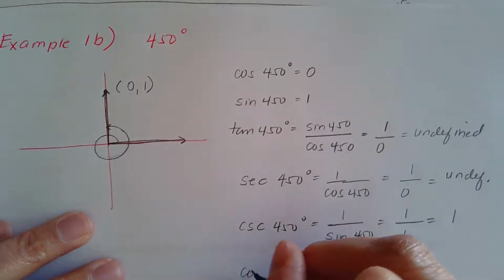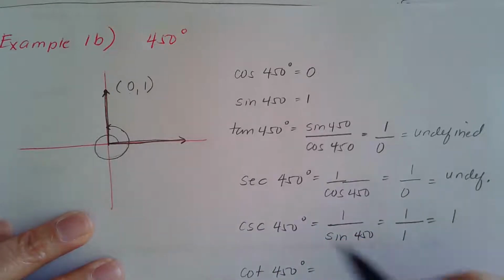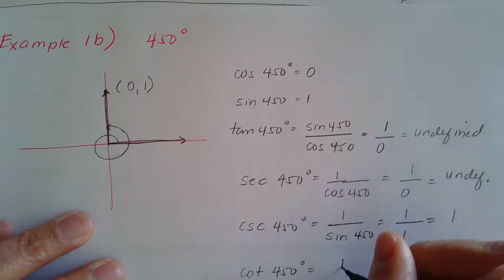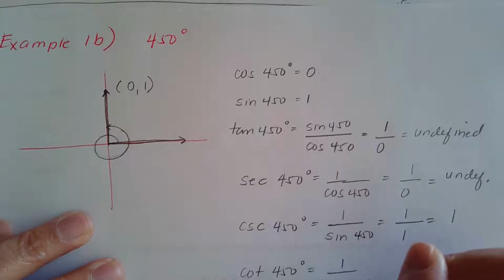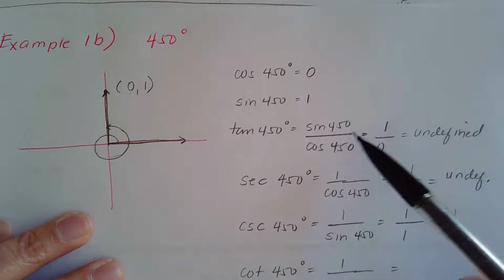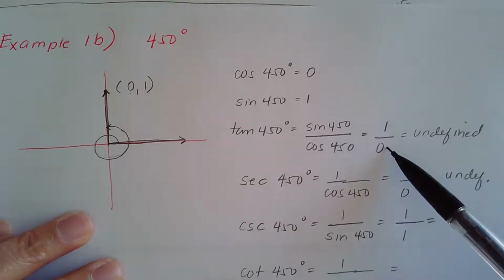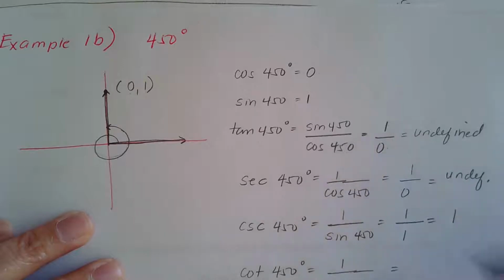And then cotangent of 450 is the reciprocal of tangent, 1 over tangent 450. This is going to be really interesting because if the tangent of 450 is 1 divided by 0, the cotangent is the reciprocal of that, which is 0 over 1, which is 0.